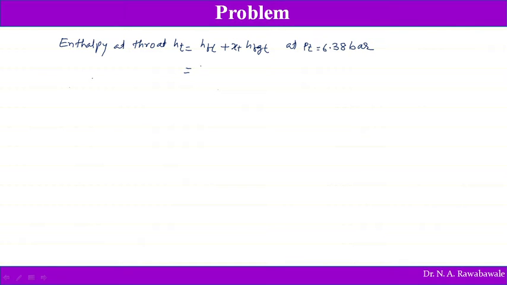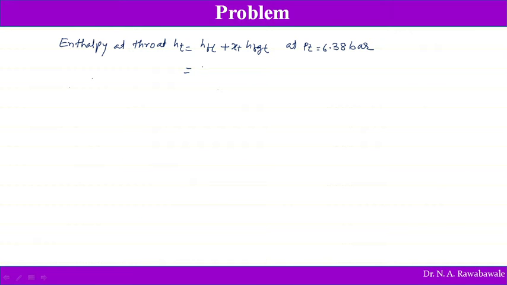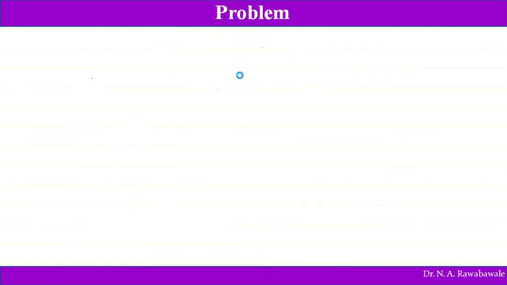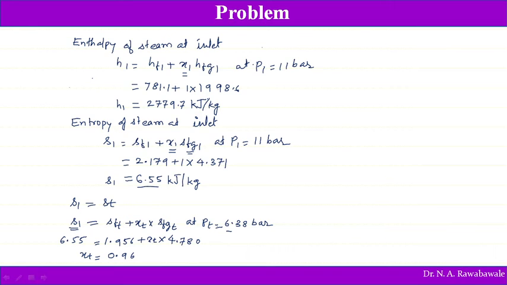So HFT at 6.38 bar is 681.5, plus dryness fraction XT, just calculated as 0.96, into HFGT at throat.